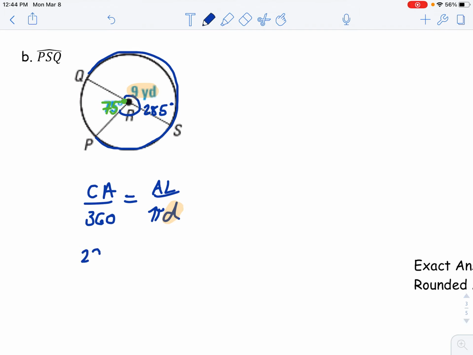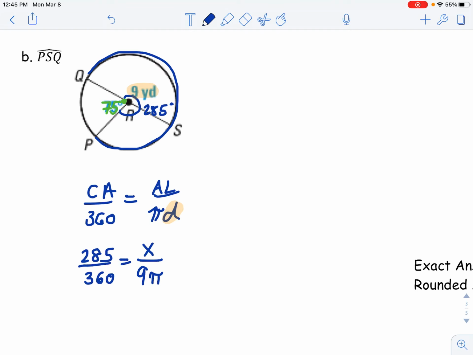Central angle is 285 over 360. Arc length is x over 9, which is the diameter, pi. All right, 285. So trying to reduce this fraction, it can be challenging at times.